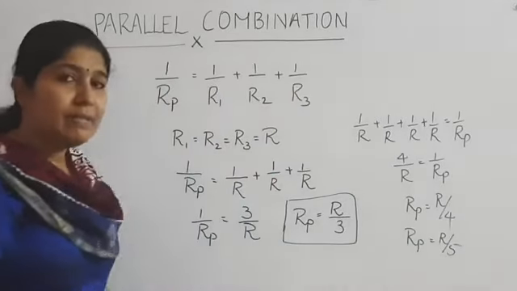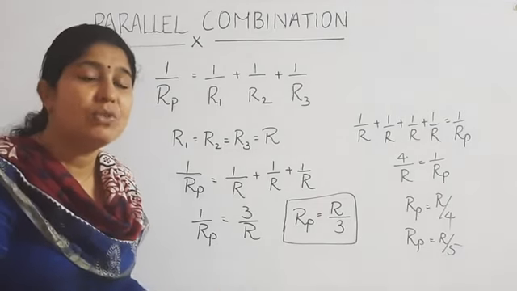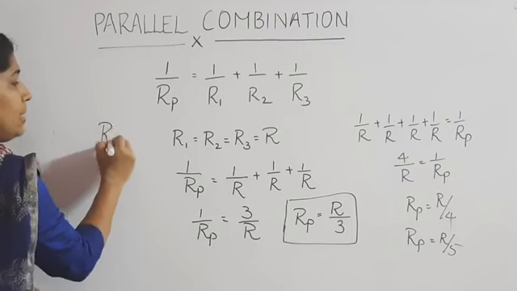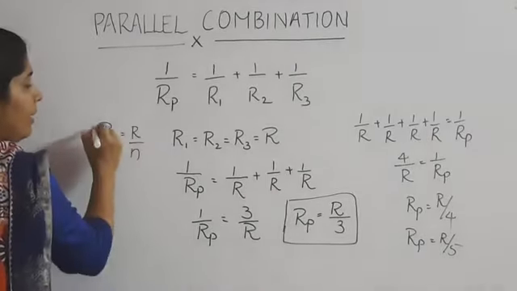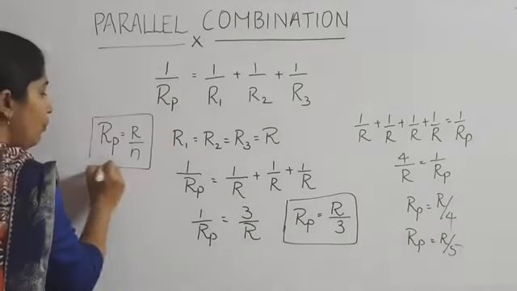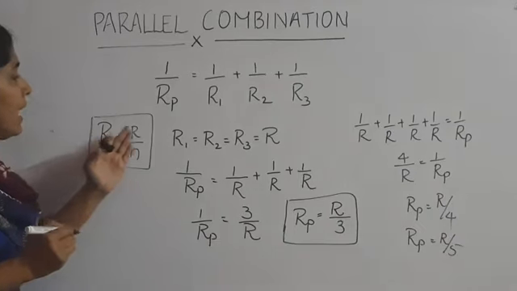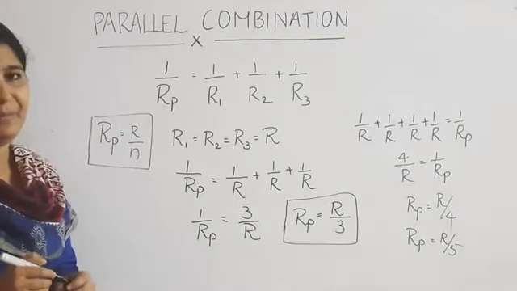If there are 10 resistors, then R divided by 10. If there are n resistors, RP is equal to R divided by n. This equation is also very important. In parallel combination of n equal resistors, effective resistance is equal to R divided by n.